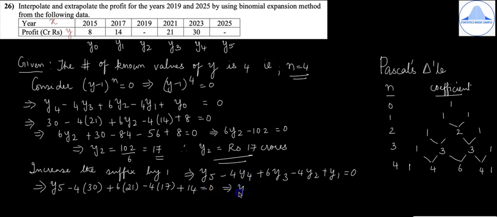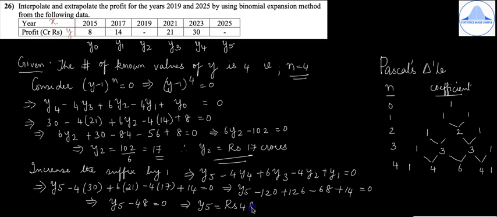So which implies y5 minus 120 plus 126 minus 68 plus 14 is equal to 0. So which implies y5 minus 48 is equal to 0, or y5 is equal to rupees 48 crores.